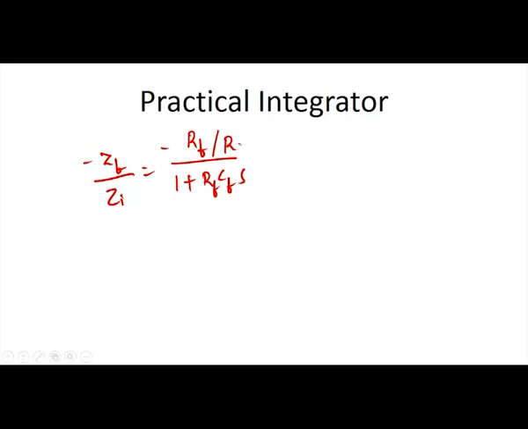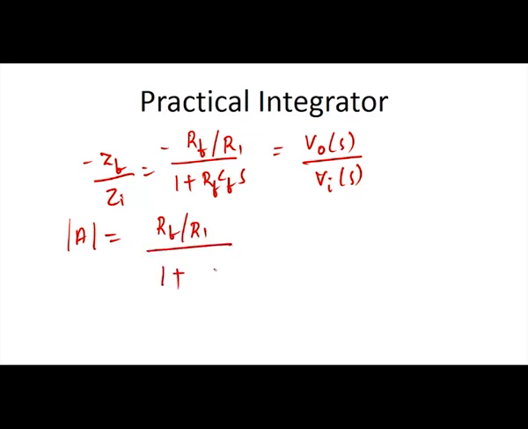So you can straight away write it here as R1. This is the gain of the practical integrator circuit. If you take the modulus of the gain, I am replacing V naught of S by Vi of S as A, then you will get RF by R1 divided by 1 plus, substituting S equal to j omega, and omega is equal to 2 pi f.